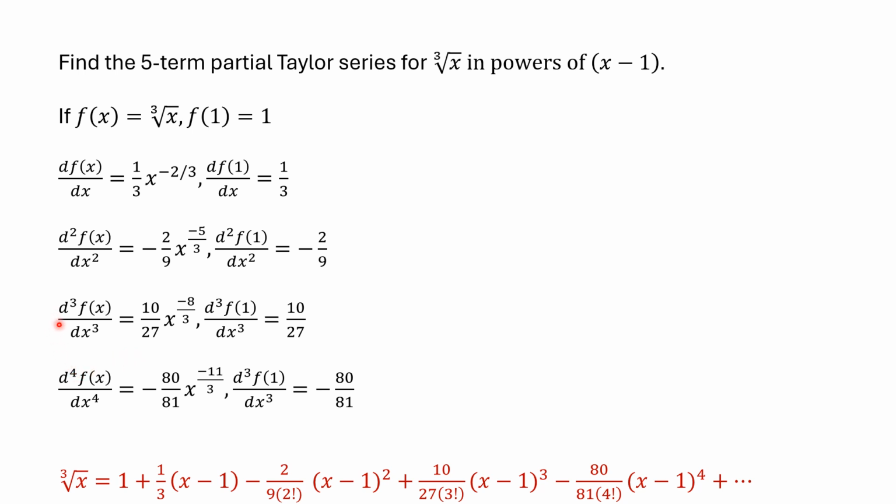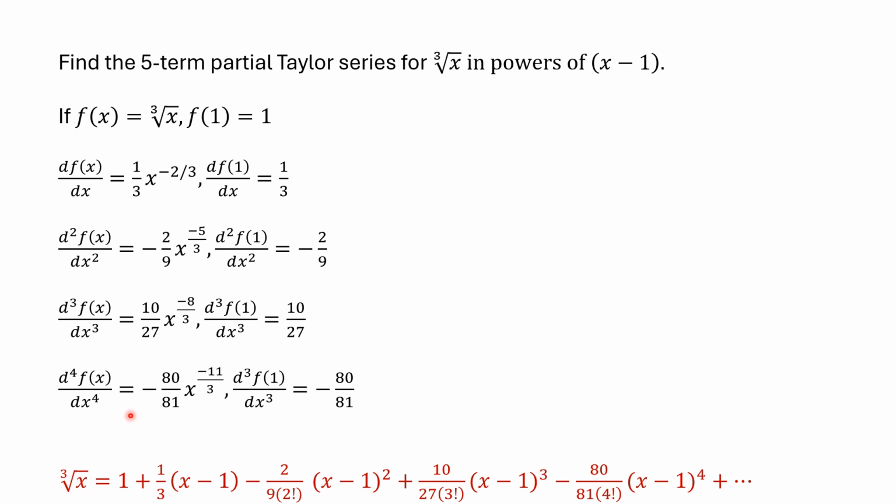The third derivative would give me negative 5/3 times negative 2/9, which is 10/27, x to the negative 8/3, and evaluating at 1, the third derivative would be 10/27.